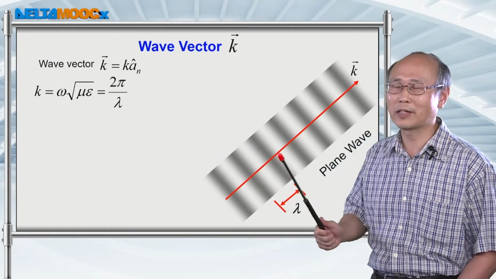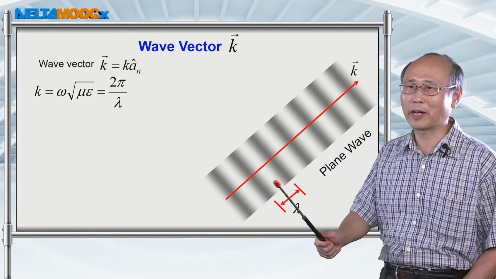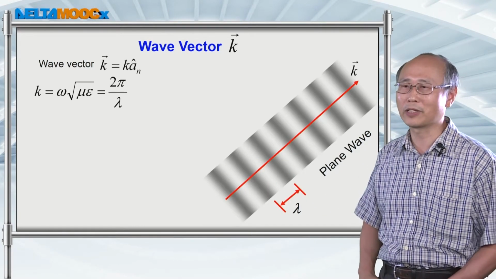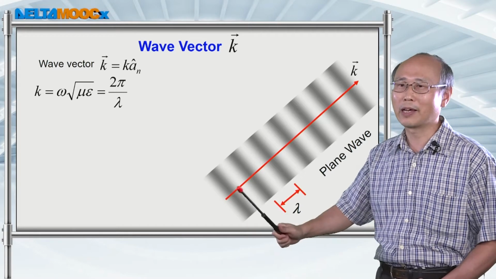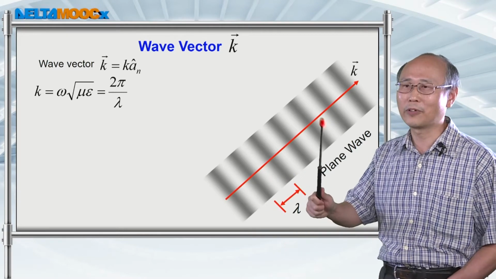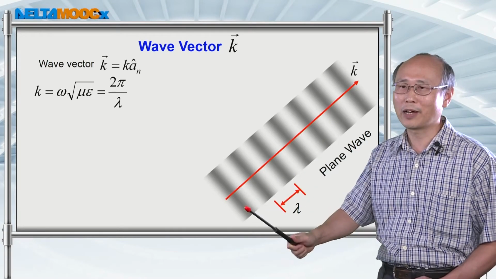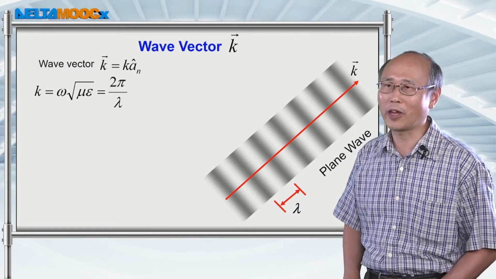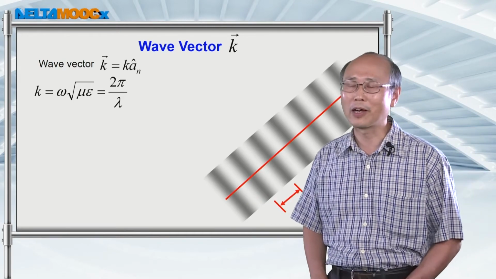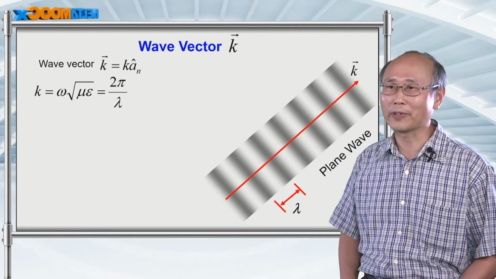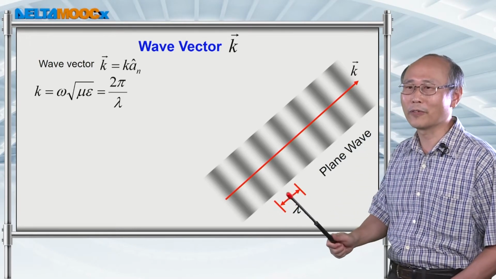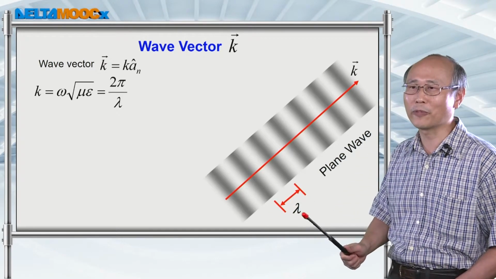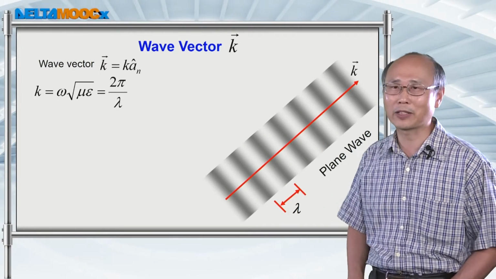So again, there's a k vector in space, and there's a plane wave propagating along this k direction. And you can see the figure here with the black and white parts to tell you the wavefront of the wave. And the period of this pattern gives you the wavelength along k direction.